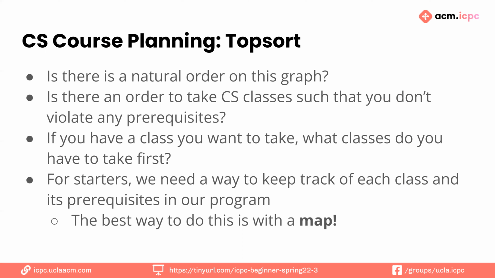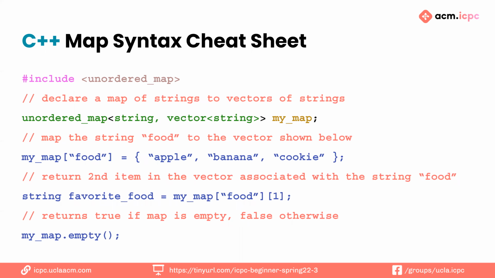And so before doing all this, we need to first somehow represent each class in our program as a node in the graph. So we have to use a map from the name of the class to our representation of the node.